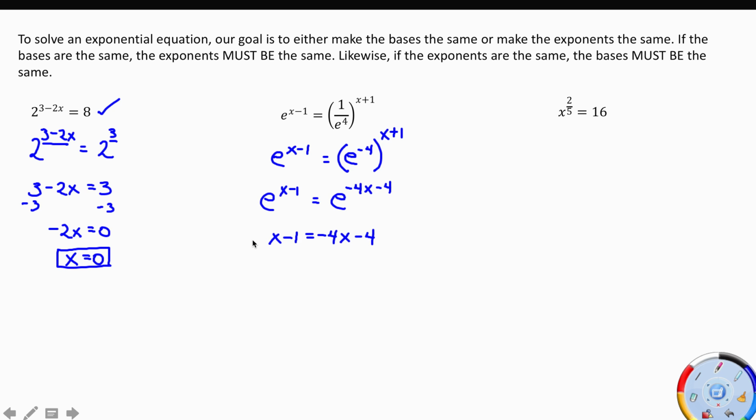And once again, I get a simple equation I can now solve. So x is negative 3/5.